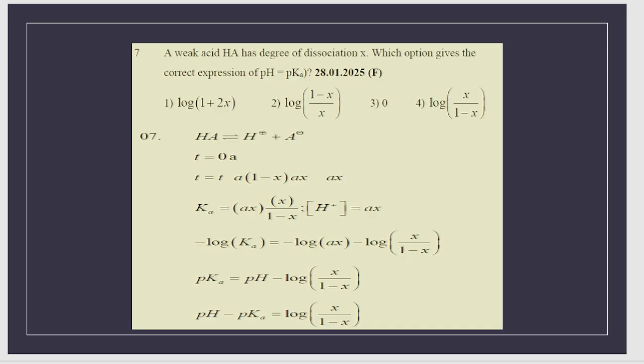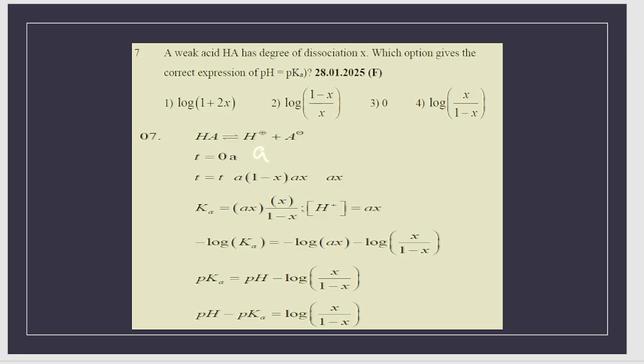Okay, now next one. A weak acid HA has a degree of dissociation X. Which option gives the correct expression of pH minus pKa? It's not pH is equal to, it's pH minus pKa. So initially let us suppose that A is the concentration of HA. At equilibrium, let us suppose that X moles were decomposed.